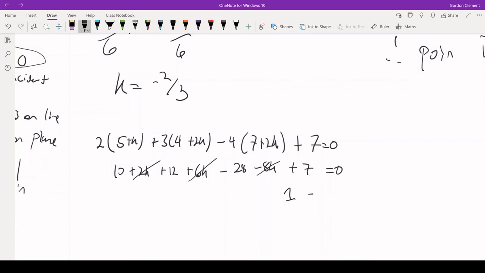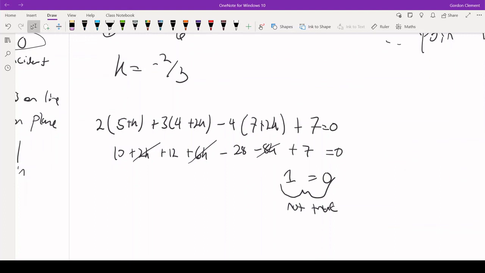So you get 1 equals 0. And this is simply not true. So you're plugging the line into the plane, and you get this impossible equation, so you know that they don't cross. So you would know that they would be parallel. So that's the other way to go about this.